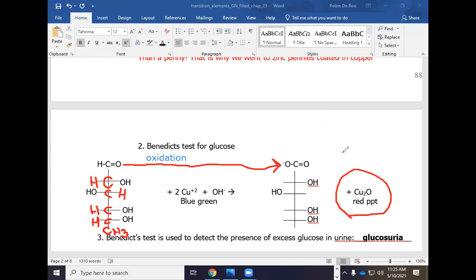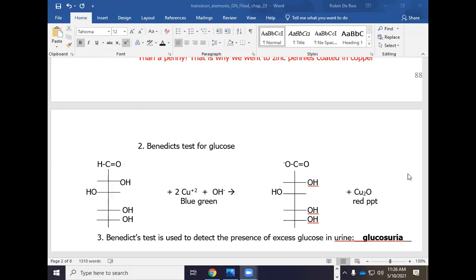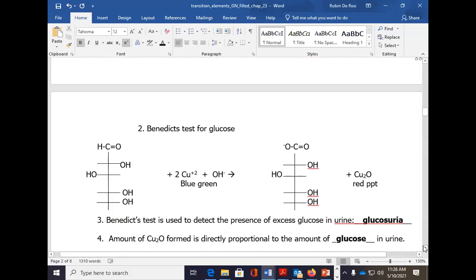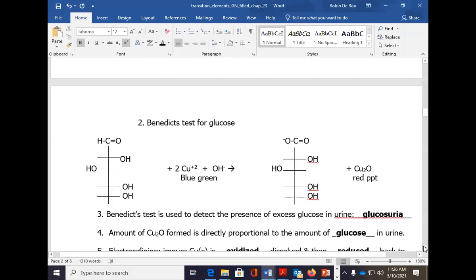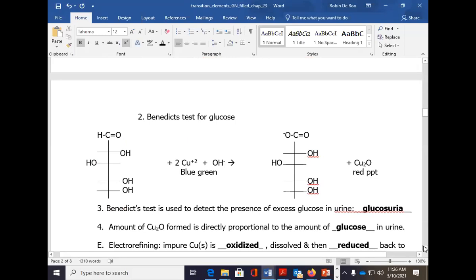So you see a nice color change. And hopefully you see enough of this in the bottom of your test tube. It's a direct proportion. So the amount of red precipitate is how much glucose.